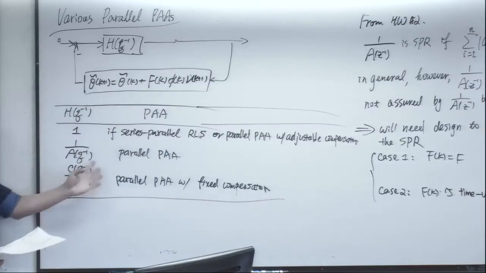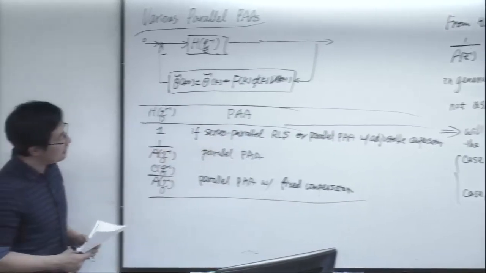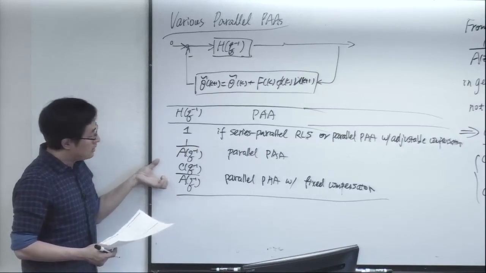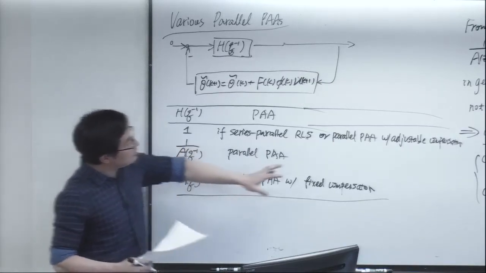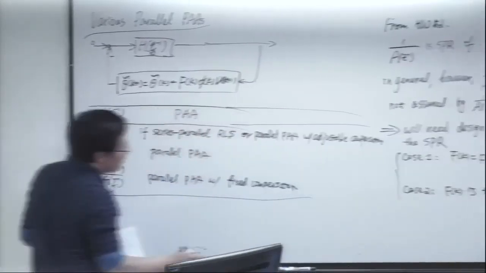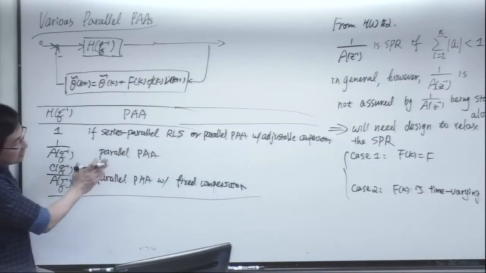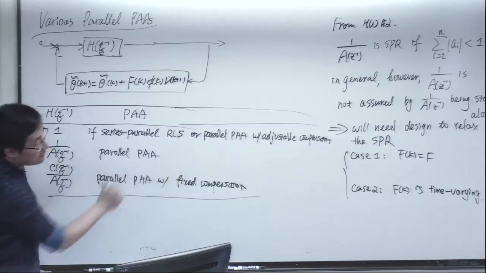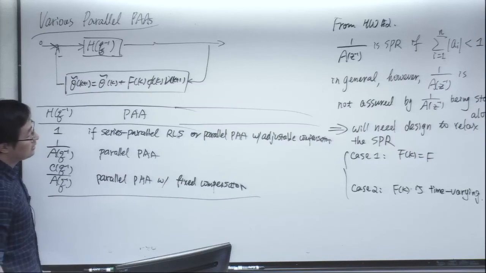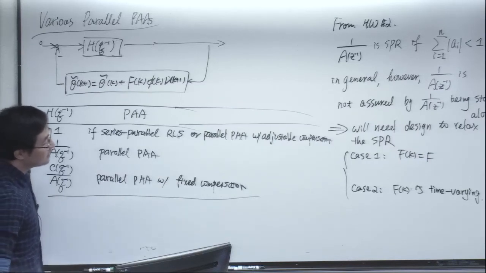What we have covered so far is the stability condition if the adaptation gain is a constant. This is our case 1. So I will state the general case for time-varying adaptation gain now, and then we're going to work out the specifics.